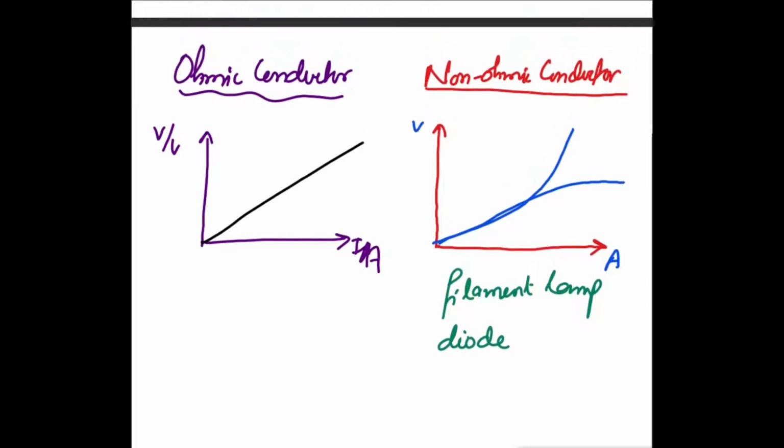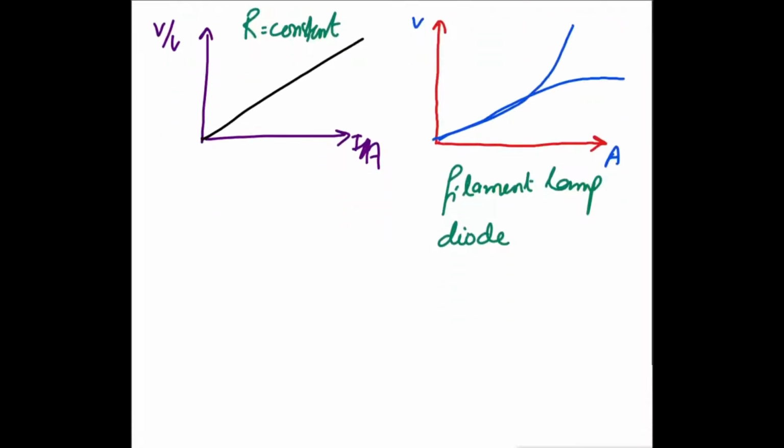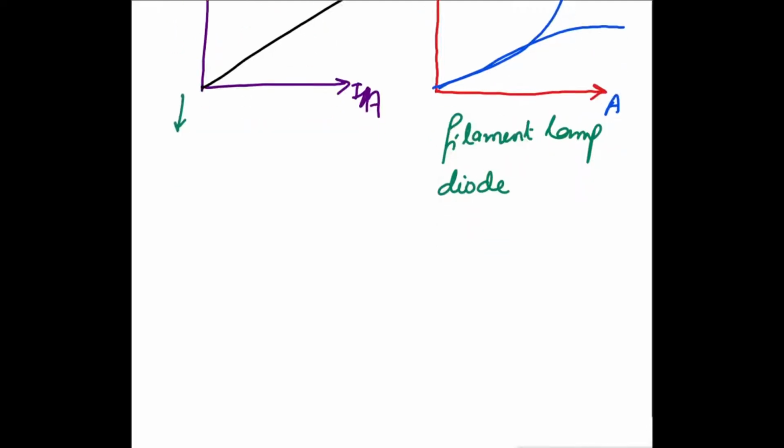Alright, so an ohmic conductor in real life assumes that the resistance is constant no matter what you do with the voltage and current. But in non-ideal circumstances, what's actually happening at the atomic level is that when the current starts to flow through the structure, of course we know that there are fixed positive structures that make up the solid matter itself. So when the electrons start to flow in this way, they collide with these fixed positive charges.